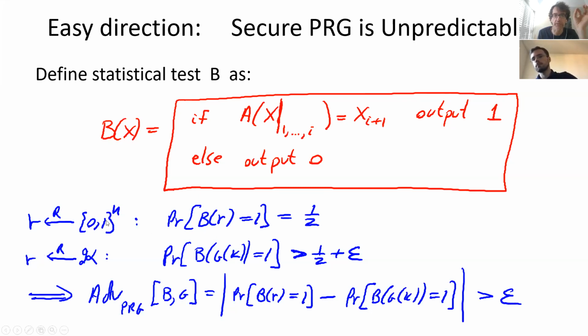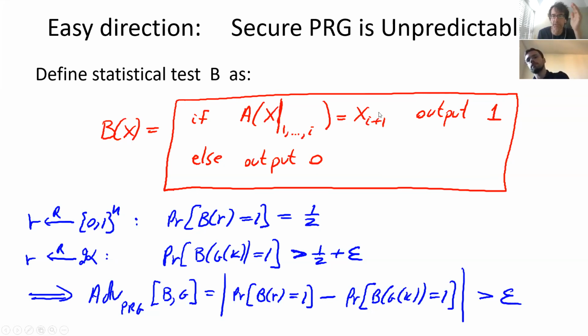So let's first see what happens when x is this random string r. B gets a random string r. It feeds the first i bits of a random string to A, and then measures the probability that A guesses the (i+1)th bit of string r. But because it's a random string, this bit is completely unrelated to these. Random string means every bit is chosen fresh.